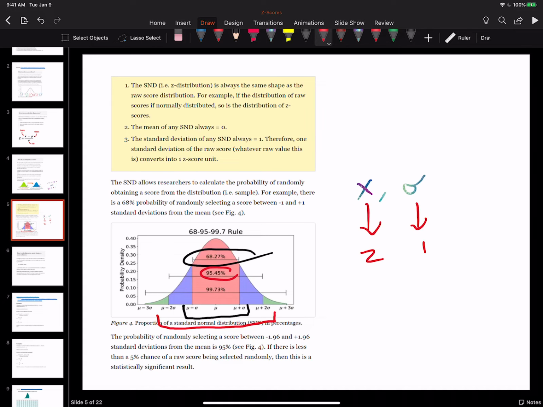And if we go to 3 standard deviations above and below, that controls 99.73%, almost 100. That's why they mentioned that above z equals 3 is where it's rare to find data.